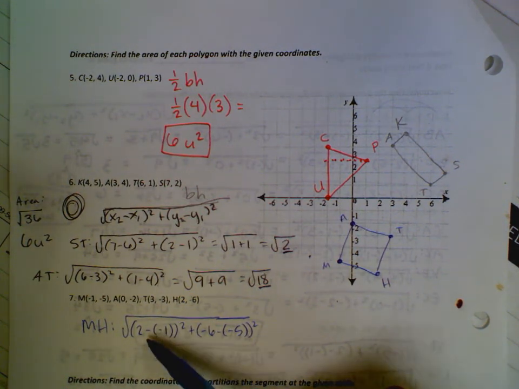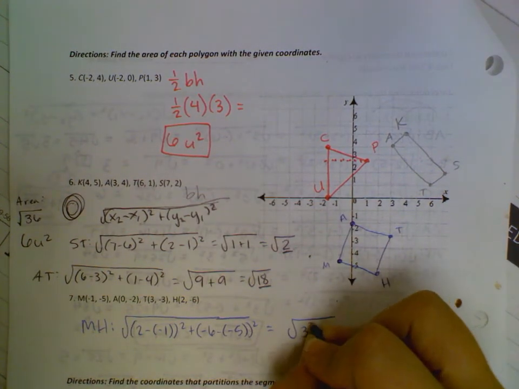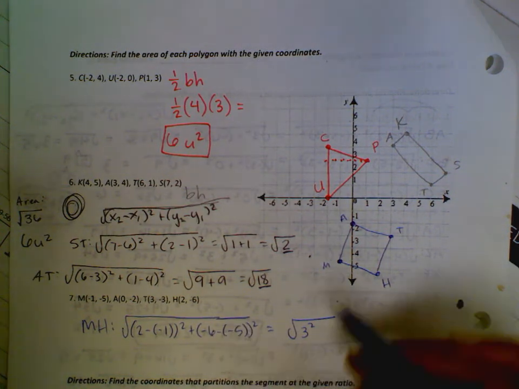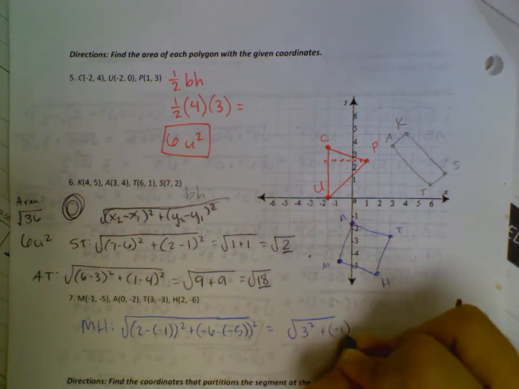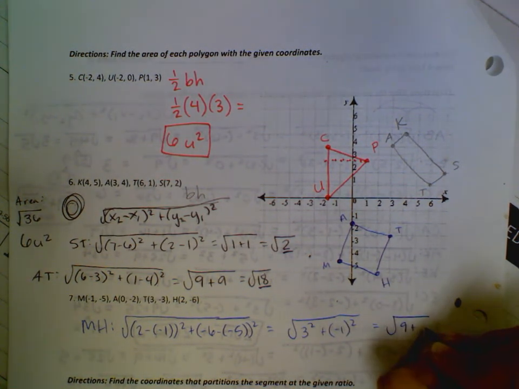So 2 plus 1 is 3. And -6 minus -5, again, those become positive. So -6 plus 5 gives me -1. 3 squared is 9. -1 squared is 1. So this becomes the square root of 10.